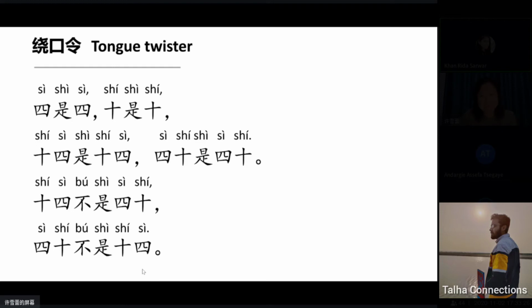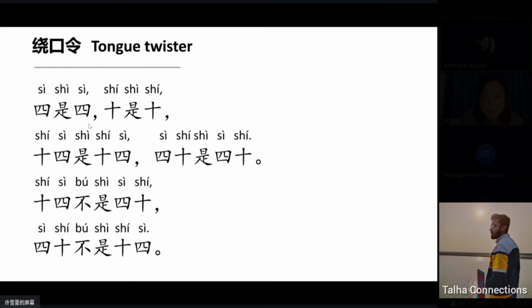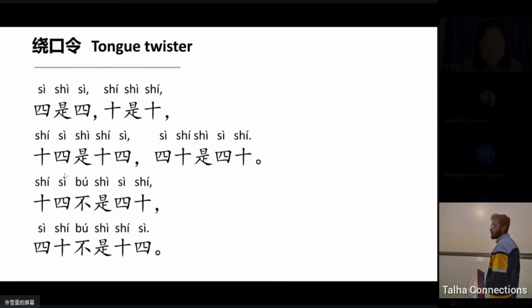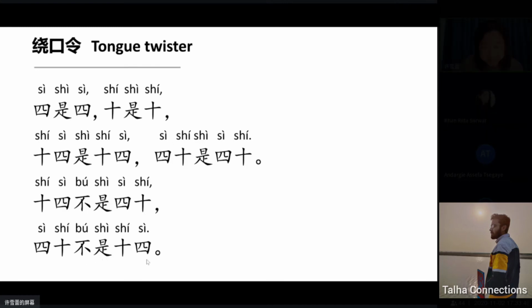Interesting? 再读一遍. I'll read again. 4是4, 10是10, 14是14, 40是40, 14不是40, 40不是14.